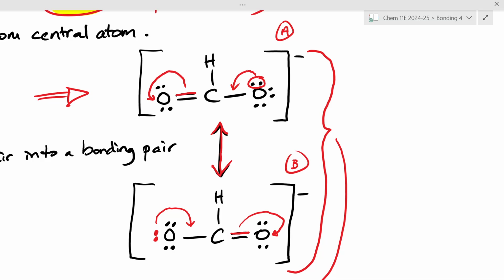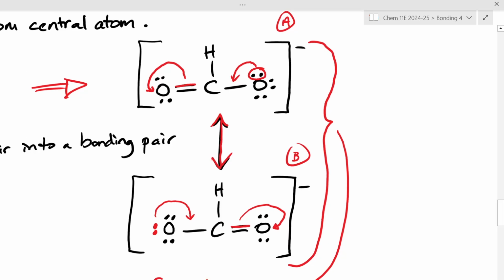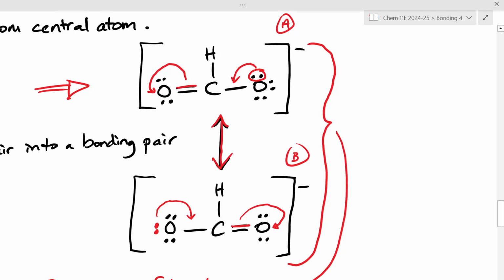So if you are asked to draw Lewis structures, this is the best representation we can get with a Lewis structure. It shows how many electrons we have. It shows that that double bond is spending half its time on the left and half its time on the right.